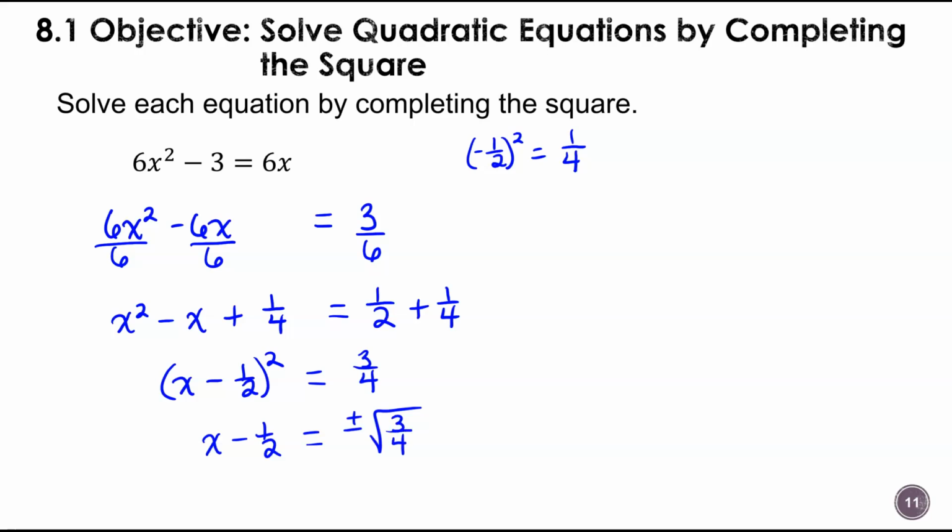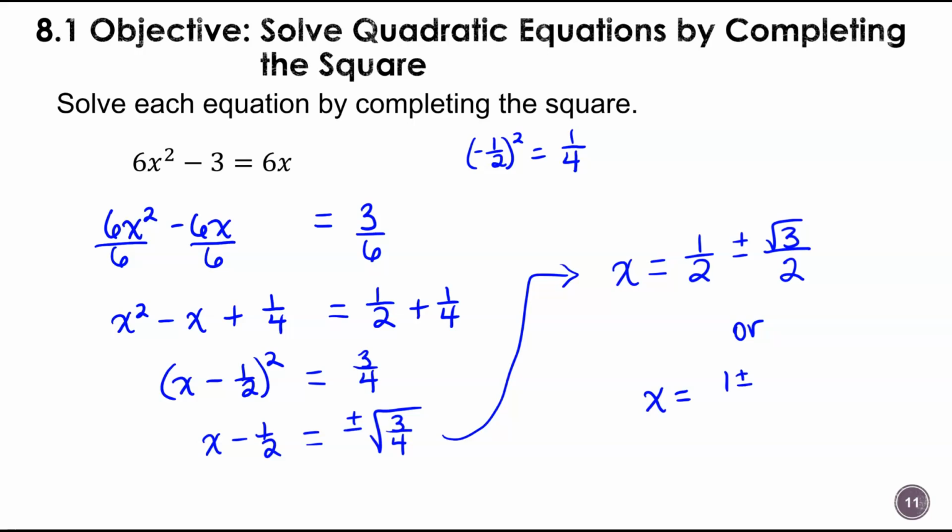Now, when you're taking the square root of a fraction, notice that the denominator is a perfect square, so we're going to be able to take the square root of 4 and bring that out of the radical. So x is 1/2 plus or minus the square root of 3 over 2. I'm just going to write it this way. This could also be written this way.